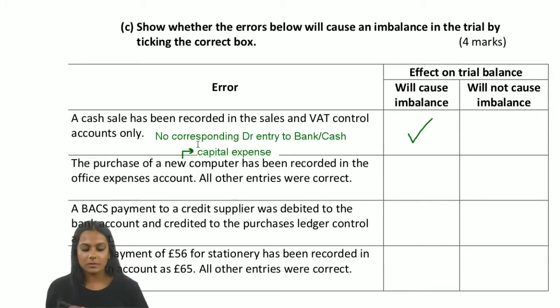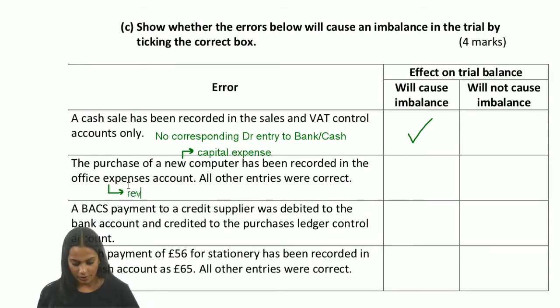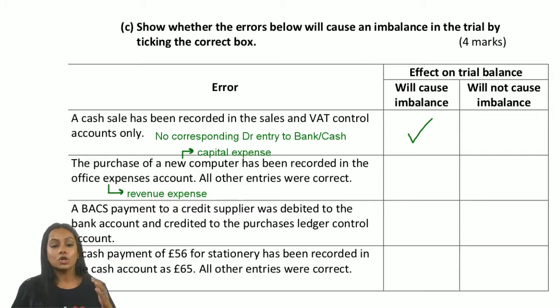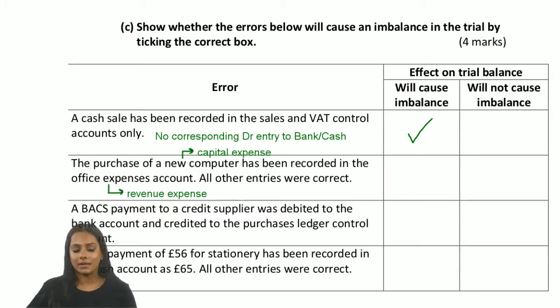But if you are going to be paying for office expenses, this can be classed as a revenue expense. These are the terms indicated in your accounting studies. So if you've bought a new computer, you should debit the computer equipment account. But what they've done by mistake is debit the office expenses account. So they have chosen the wrong account classification.